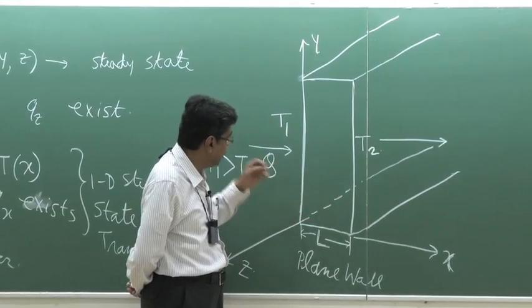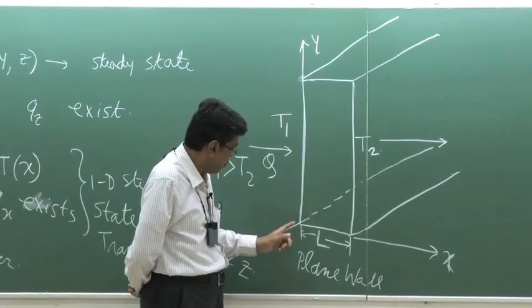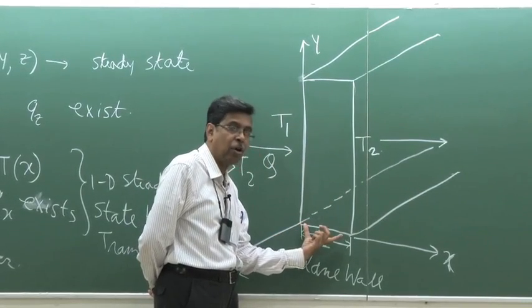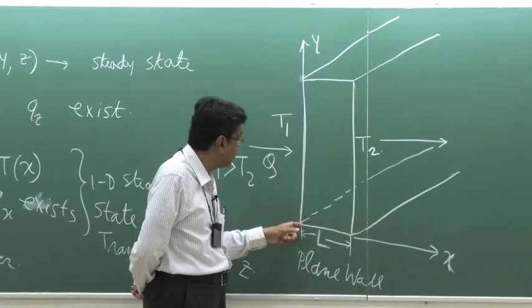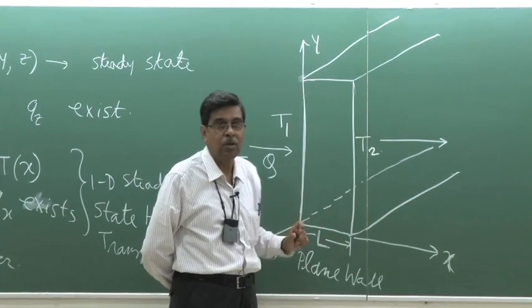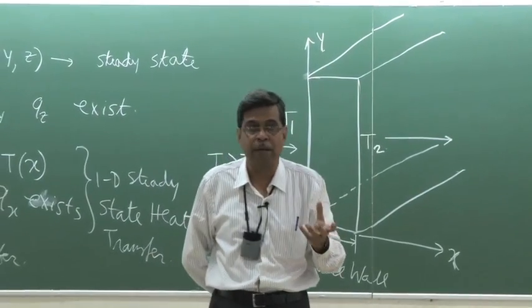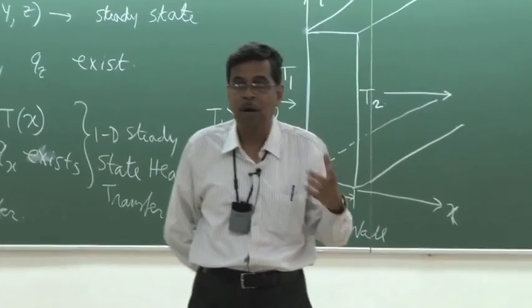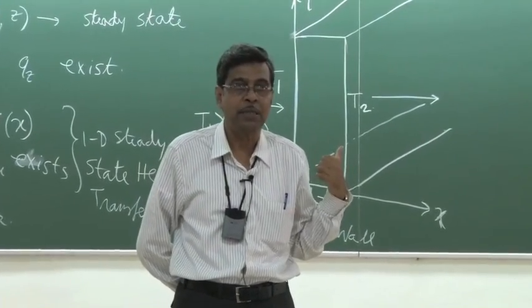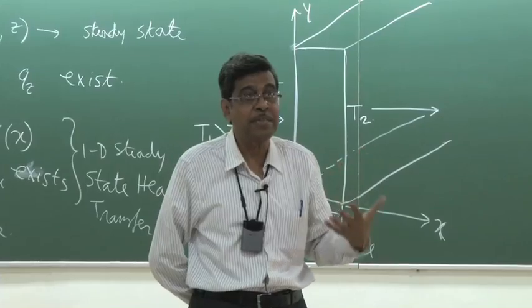The temperatures are constant on two faces, and moreover this dimension, the length or width, is much smaller compared to the dimensions in other directions. So by the definition of the problem, by its geometry and boundary conditions, it is one dimensional. Now, how to conceive of a steady state?